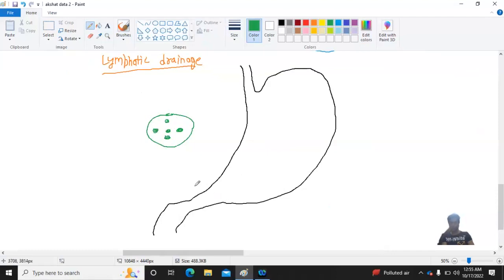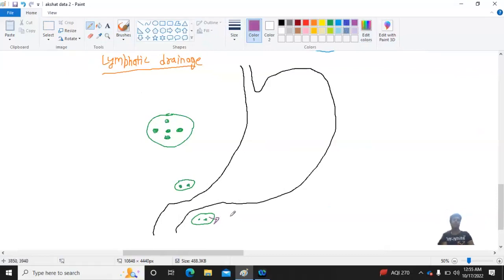Then here are lymph nodes one and two. One lymph node here and one lymph node here. This is the pyloric region.